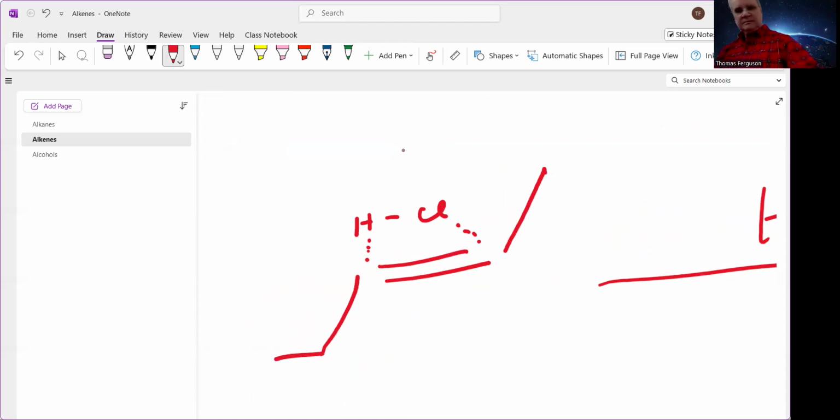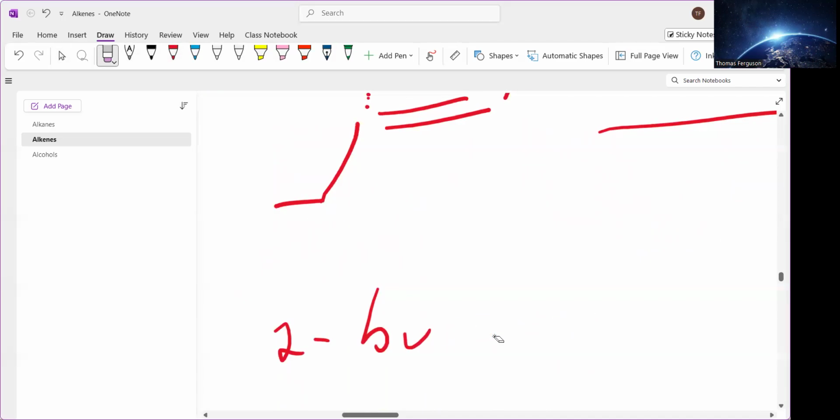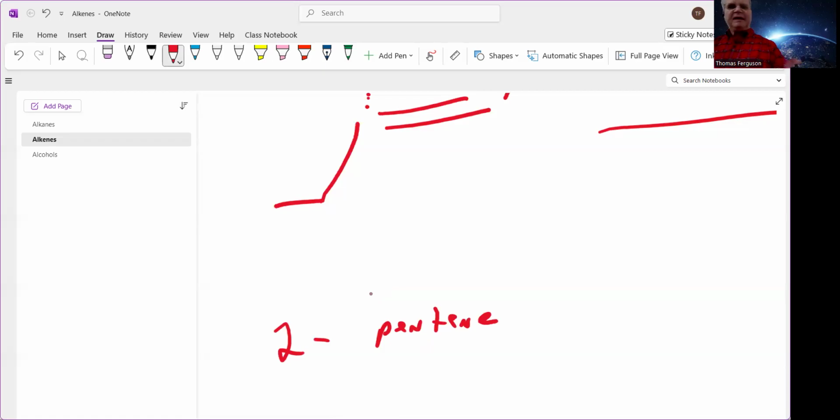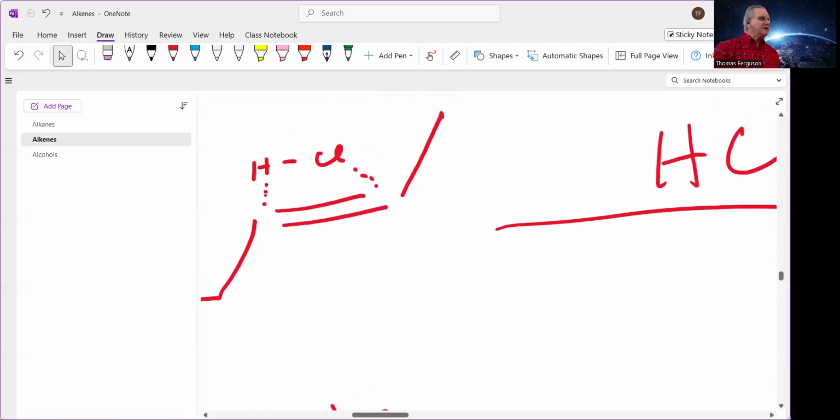Let's make it 2-pentene. So 50% of the time, HCl is going to add H on the left, chlorine on the right. The other 50% of the time, it's going to be opposite.